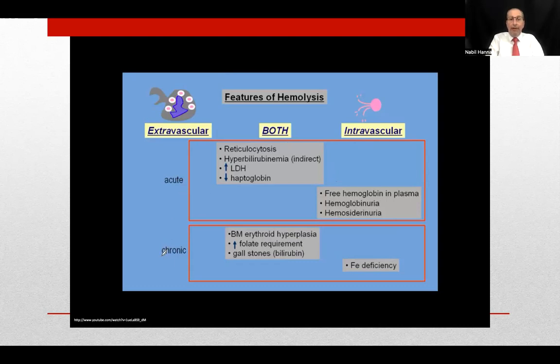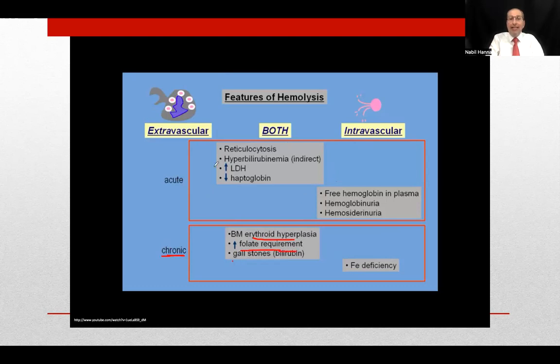On the long run, as we keep destroying the red blood cells, the bone marrow will become hyperproliferative, and the bone marrow will need a lot of folate. So you will run out of folate, you will have increased folate requirement.